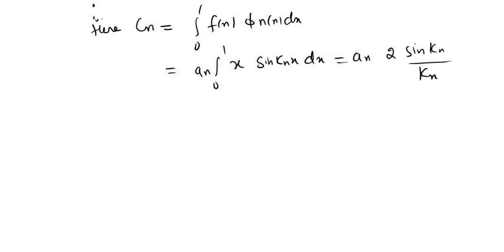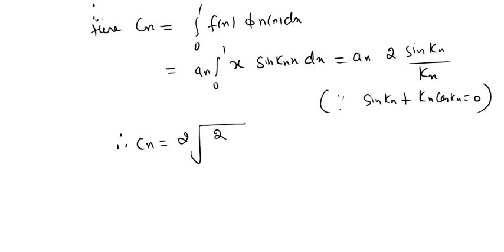I am taking an outside, this is a constant, and we have simplified again, substituting sine kn plus kn cos kn equal to 0 to simplify this. So what is Cn?